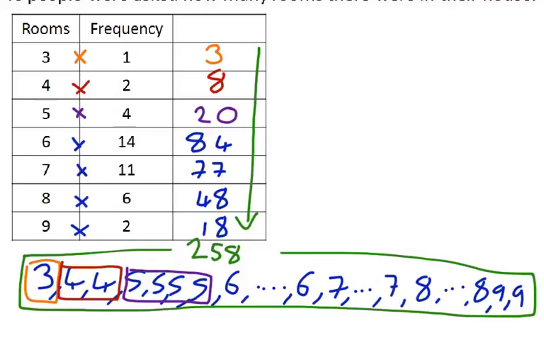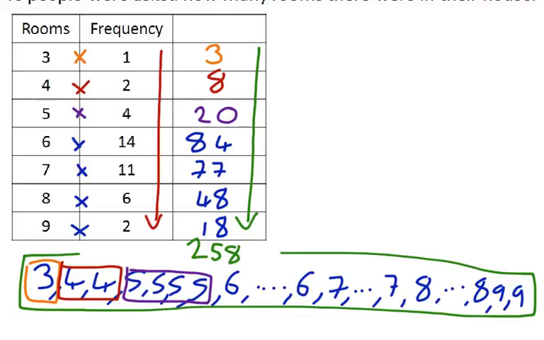We also need to know how many pieces of data there were, so how many bits of data there are in that green box. And the way we find that is we add up all the frequencies. Because if there's 1 3 and 2 4s, there's 3 3s and 4s. And adding them all up tells us how many numbers there are in total.